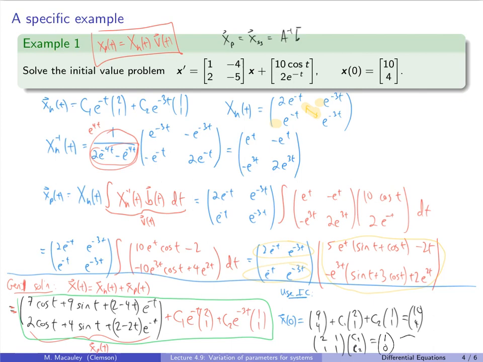And if you solve this, it's easy to check, you get c1 equals 1 and c2 equals negative 1. So our final solution is just this thing in green where c1 is equal to 1 and c2 is equal to negative 1. Okay, so thank goodness that's over.